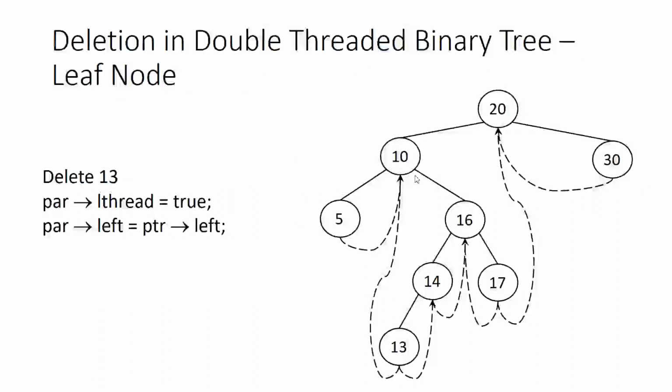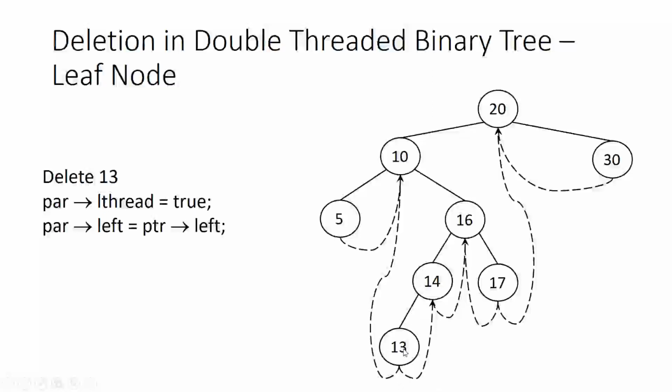Then deletion in a double-threaded binary tree. How will I delete a leaf node in a double-threaded binary tree? Now if you see here, we want to delete 13. 13 is a left child actually. So when you are deleting the left leaf node, what will happen? We are supposed to adjust the threads.